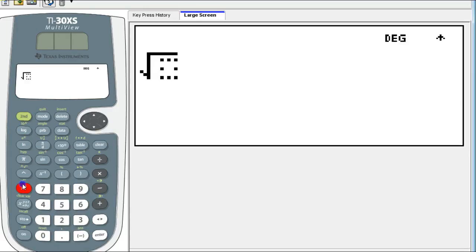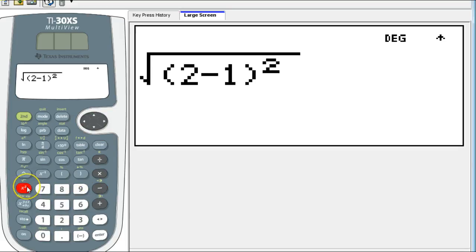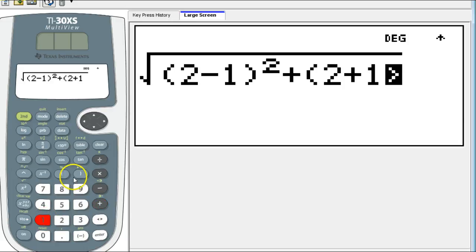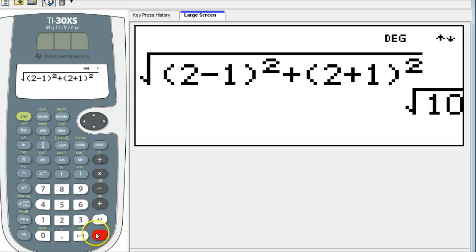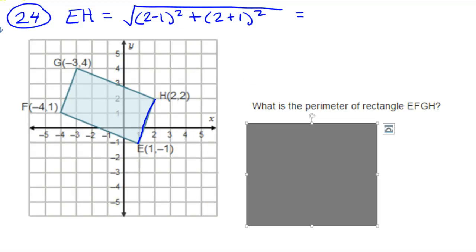So we could go square root of 2 minus 1 squared plus 2 plus 1 squared. And that is the square root of 10. Okay, so EH here is the square root of 10, which of course means that FG is also the square root of 10.